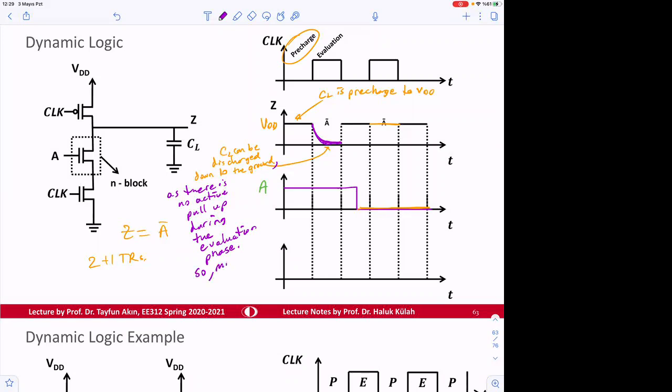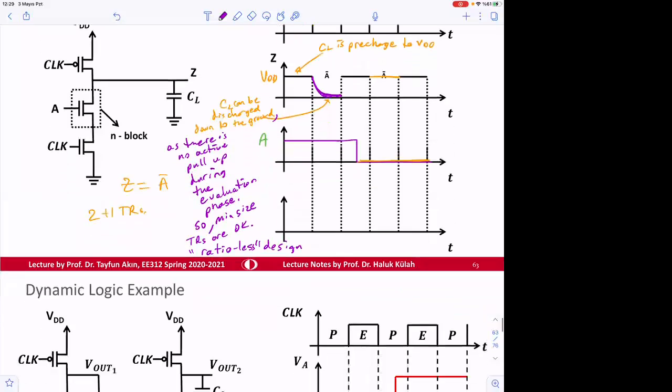So minimum size transistors are okay. Okay. So again, ratioless design is necessary.